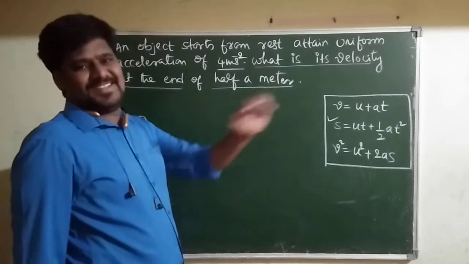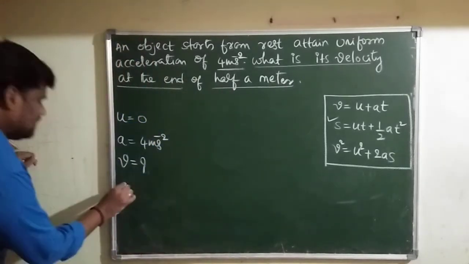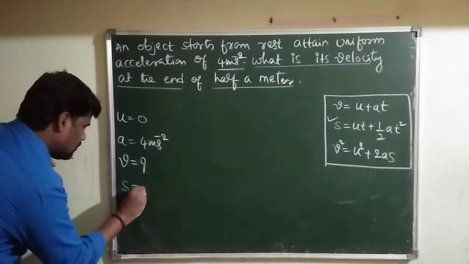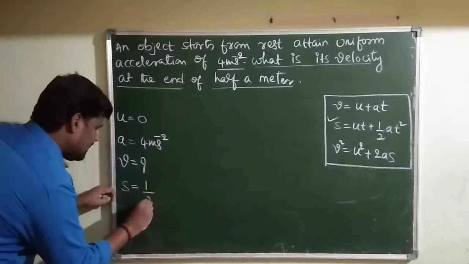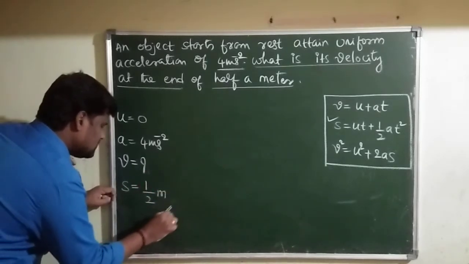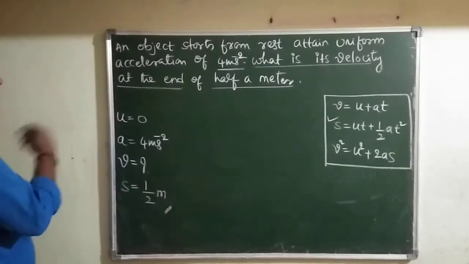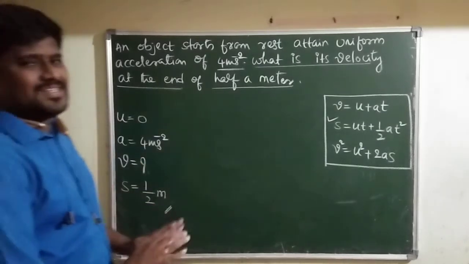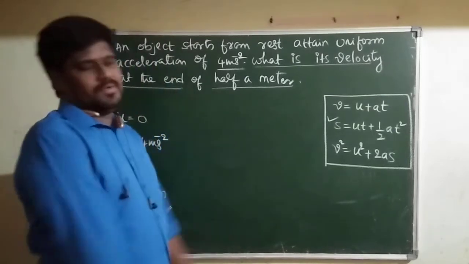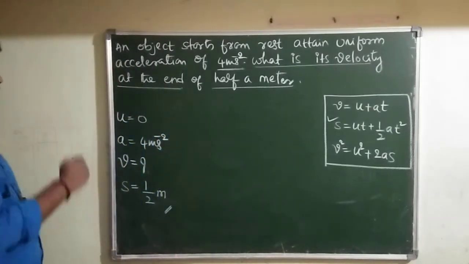Half meter distance. When the body is covering a distance of half meter, what is its velocity? That is the final velocity.